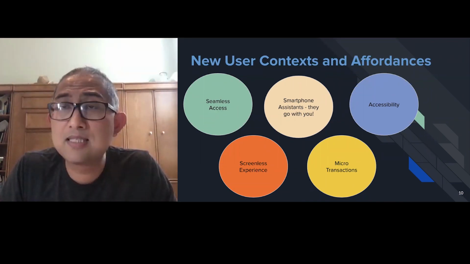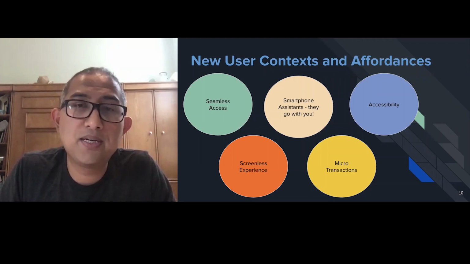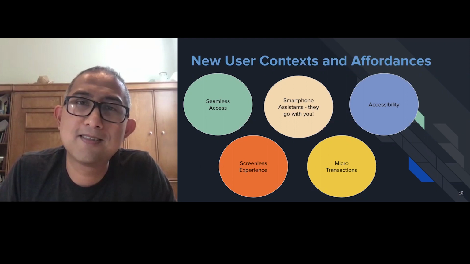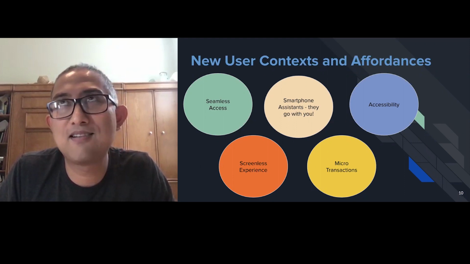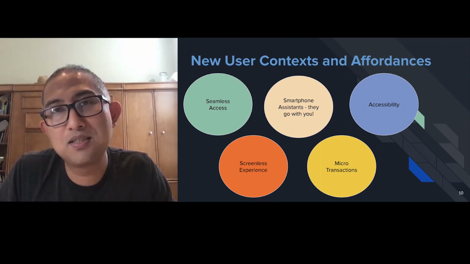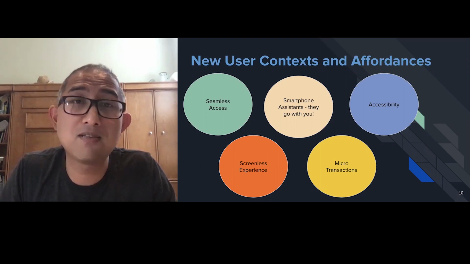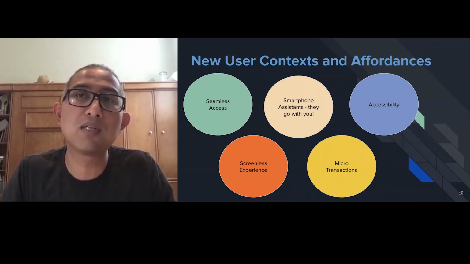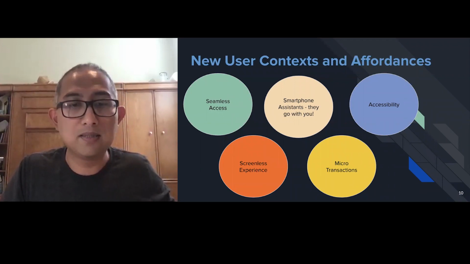So accessibility, screenless experience, these are interesting things. Of course, smartphone assistants. Most assistants right now are tethered to your living room, which is Google Assistant and Alexa. But right now, they are also available in smartphones, so they'll go with you. So this is actually a great reason why one should pay attention to this video.